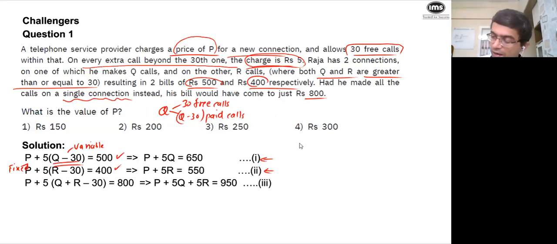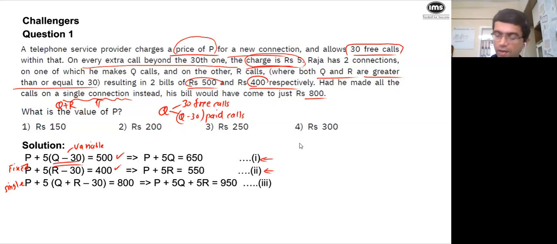Before that, had he made all the calls from a single connection, P is still going to be a fixed cost plus 5 into Q plus R, because now he has made both Q plus R calls from the same machine. Still, first 30 calls will be free.